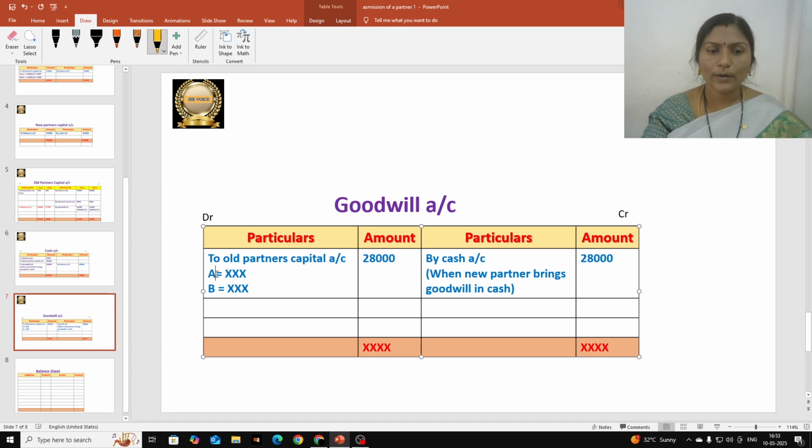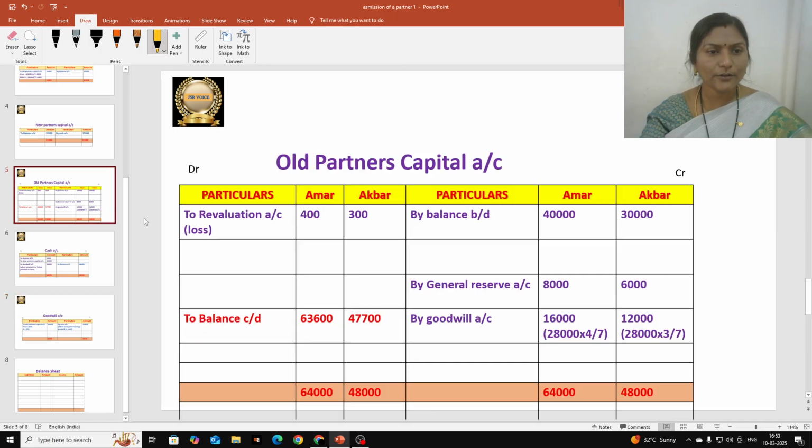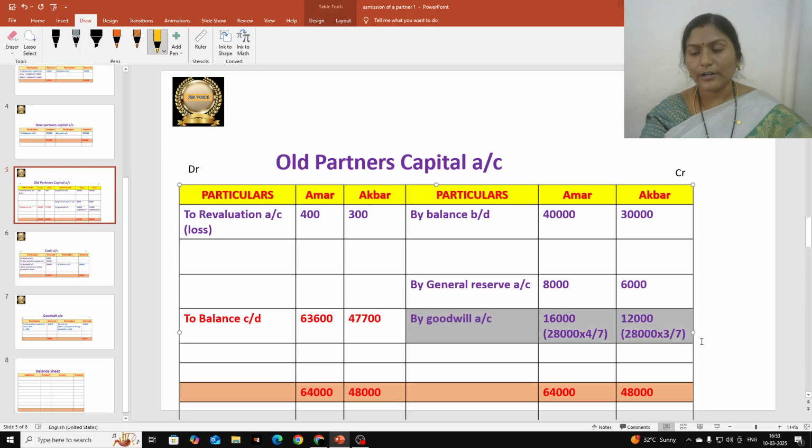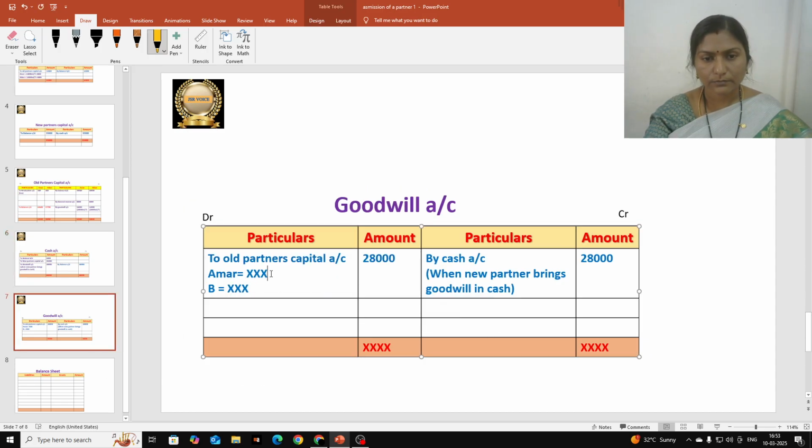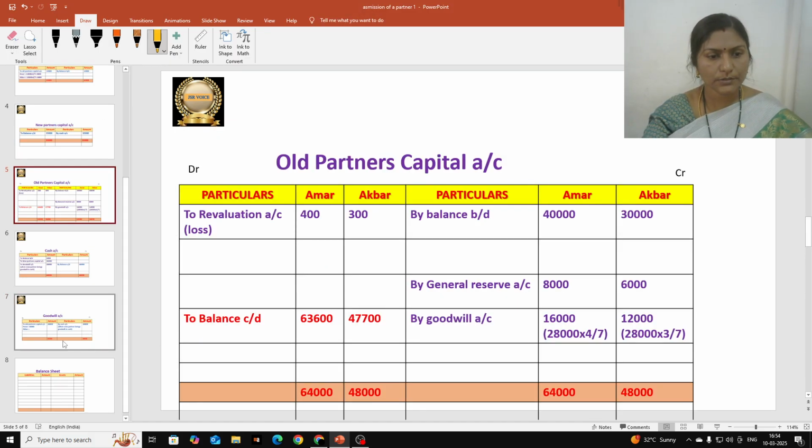Okay, and what are the old partners names? Amar. And for Amar, how we distributed? Already we distributed, you can see here. We distributed goodwill for Amar and Akbar 28,000. 4 into 4 by 7, 16,000 we are getting for Amar and 12,000 for Akbar. We will write same amounts here. Okay, 16,000, and for Akbar how much for Akbar? 12,000.